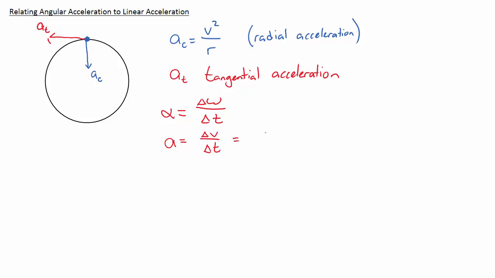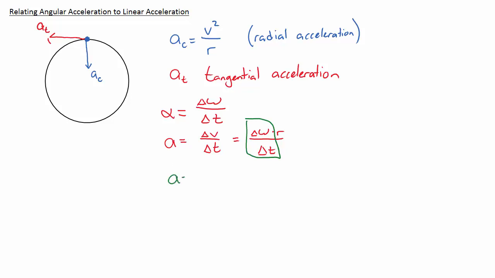If I think back to my linear velocity, I know it is equal to my angular velocity times the radius. So I can say that this is delta omega times r divided by delta t. If I just look at delta omega divided by delta t, that's my angular acceleration.